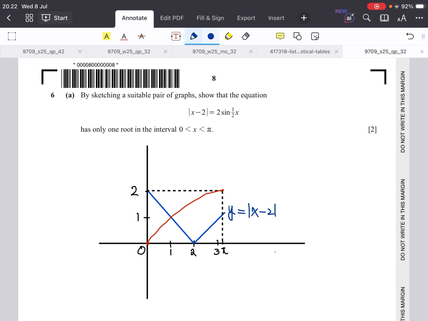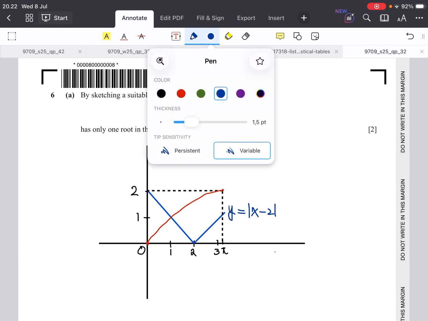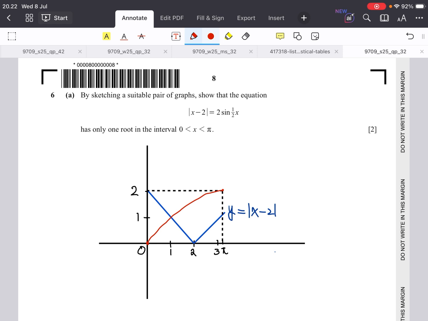And then the red graph is the graph of y equals 2 sine half x.